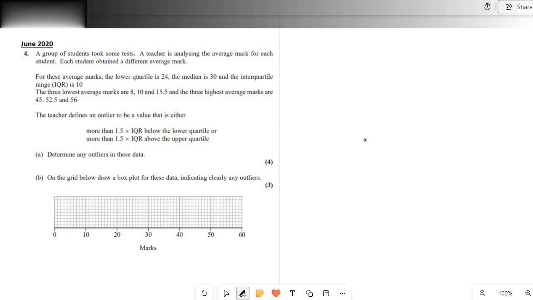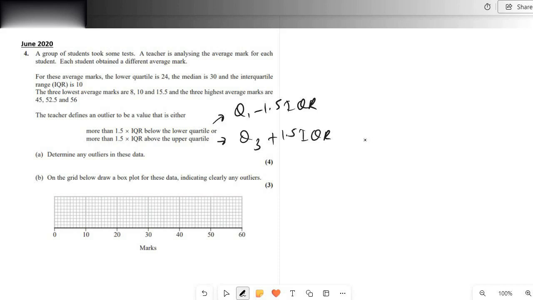The three lowest average marks are 8, 10, 15.5, and the three highest average marks are 45, 52.5, and 56. The teacher defines an outlier to be a value that is either more than 1.5 IQR below the lower quartile, which is going to be Q1 minus 1.5 IQR, or more than 1.5 IQR above the upper quartile. So this is going to be Q3 plus 1.5 IQR.